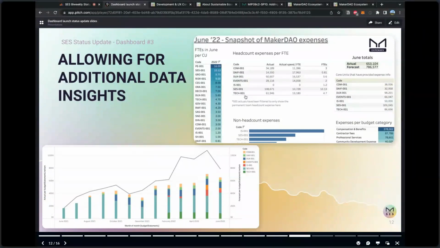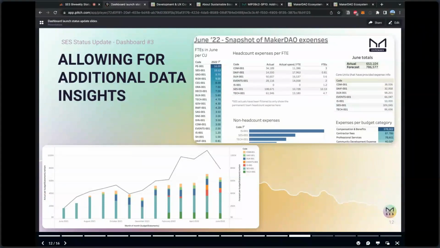And given that we have core units pushing this budget information, for example their actual spend, and we have FTEs per core unit, we can start to see very interesting things. For example, the actual spend per FTE, and we can see that trending over time.